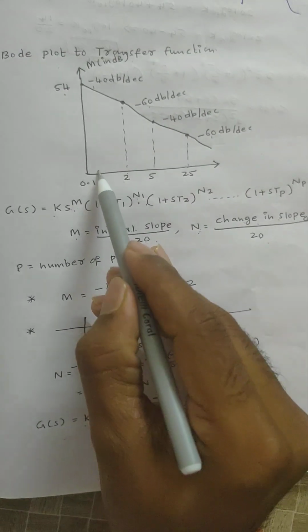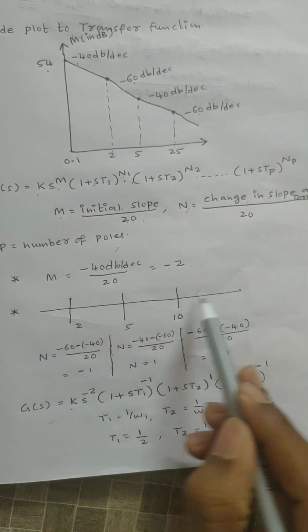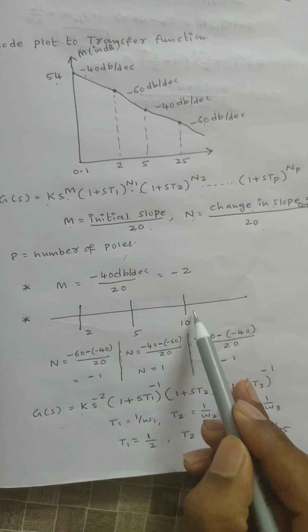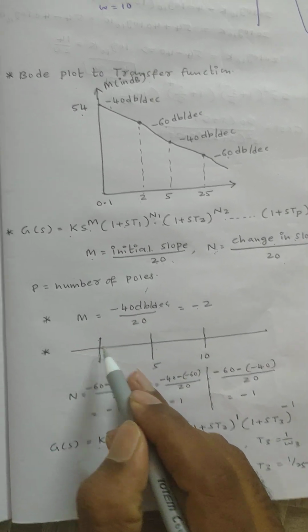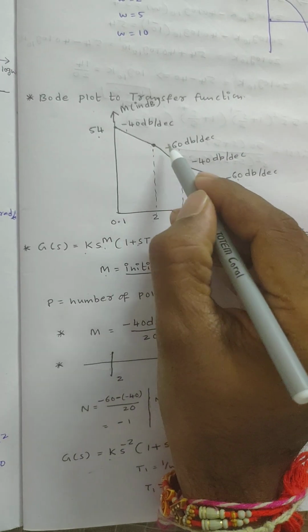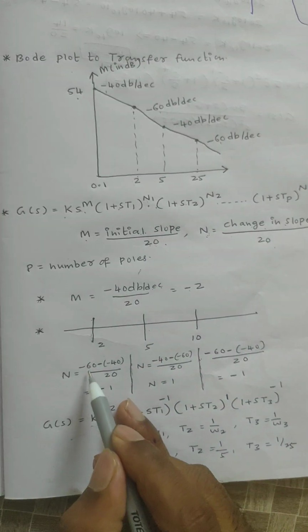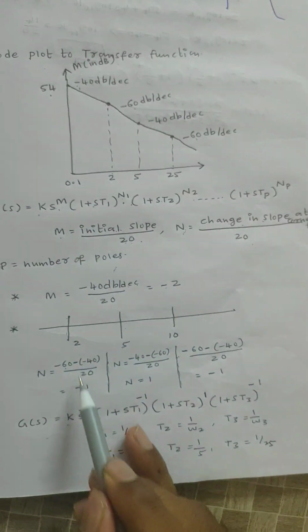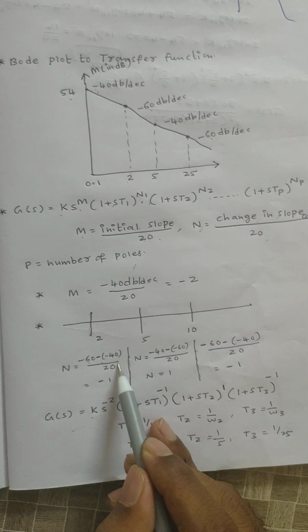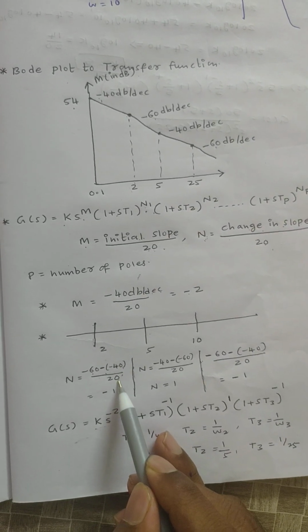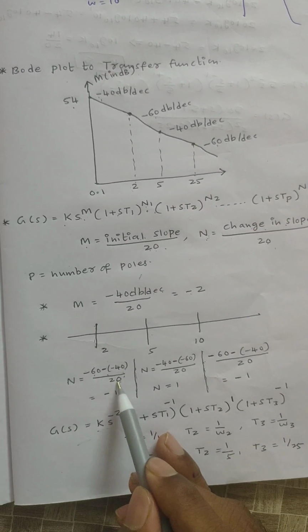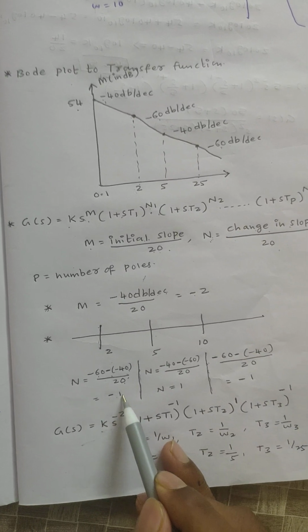Now see here, I can represent the corner frequencies here: 2, 5, 25. At 2, the change in slope is minus 60 minus of minus 40, divided by 20. That is minus 60 plus 40 divided by 20, so the n value will be minus 1.